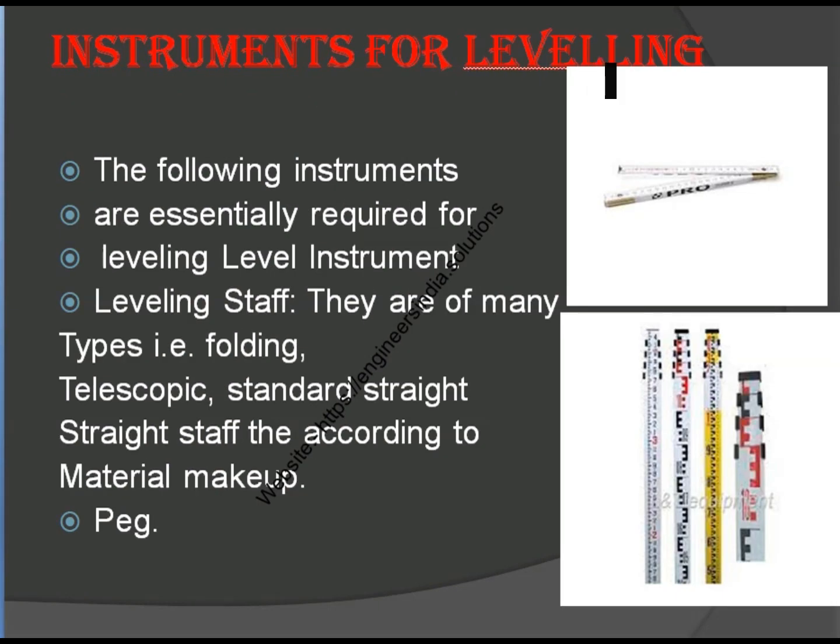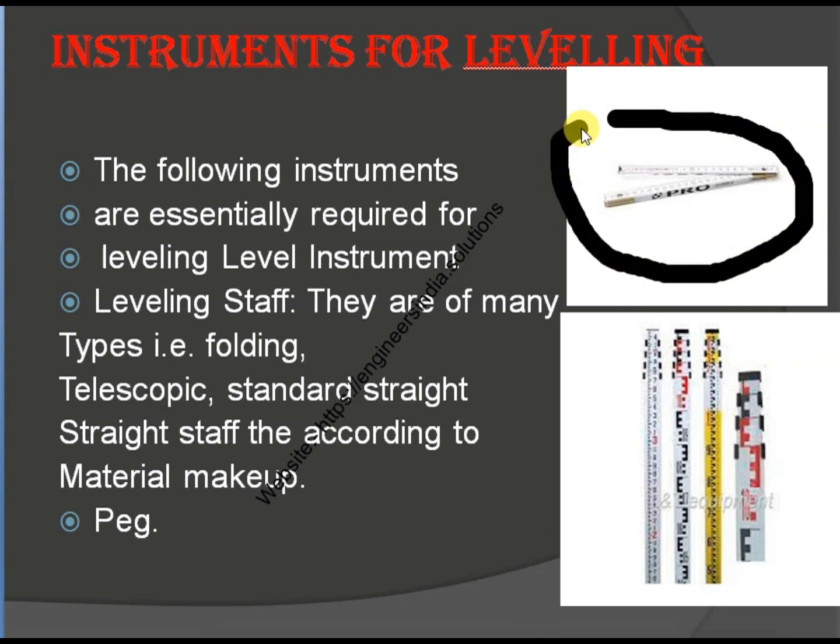Now what we have is the staff. Above 4 meters, they are mostly available in the market and they are of folding type. Like you can see over here in this figure, it is a single fold staff. Here, this is a single folding staff, so you just provide 2 folds in it.